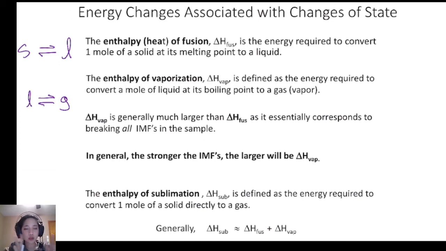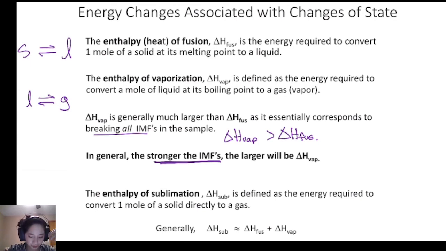For solid to liquid, you're only breaking some intermolecular forces, while in vaporization you have to break all of the IMFs and the molecules become much further apart. So delta H vap is usually much larger than delta H fusion. And typically, the stronger the intermolecular forces, the larger delta H vap will be. That makes sense: the more intermolecular forces keeping those molecules together, the more energy it will take to separate them.